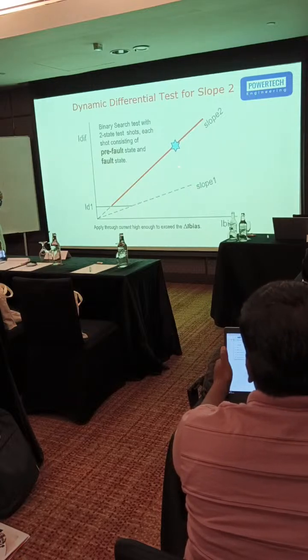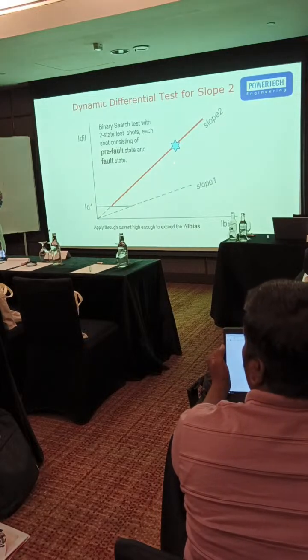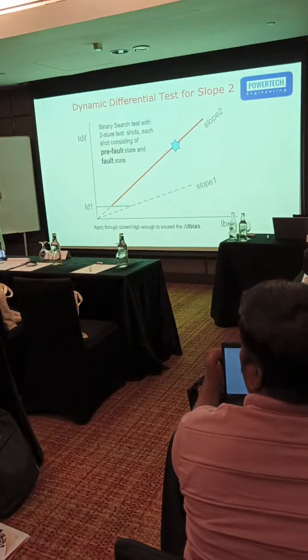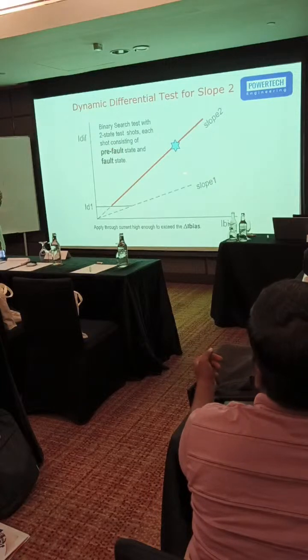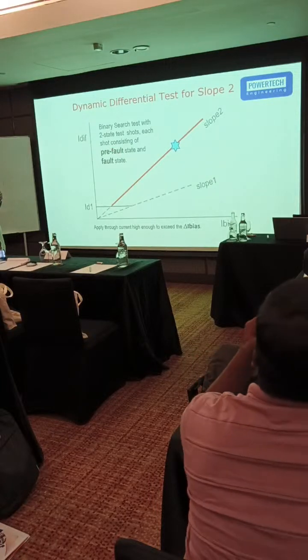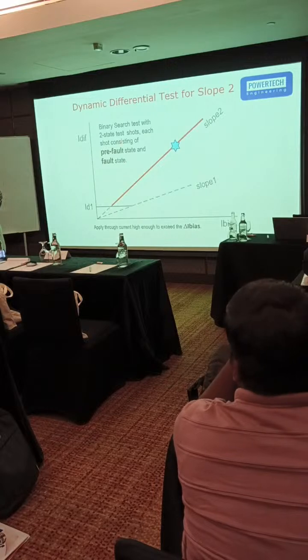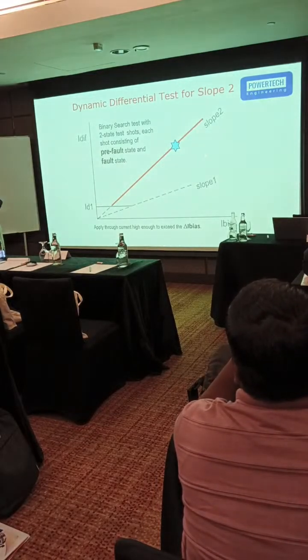If suppose we have given some fault here, through this dynamic state testing, then at this place the differential relay should not operate when we are creating the CT saturation condition or giving some delay. So this way we can test this dynamic slope condition.